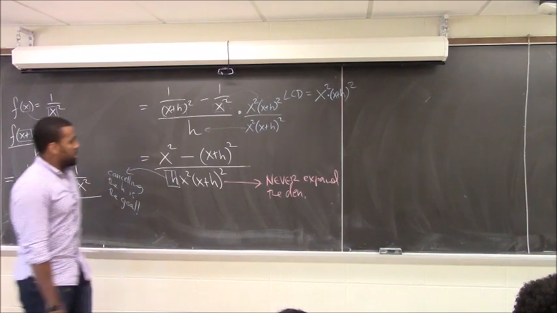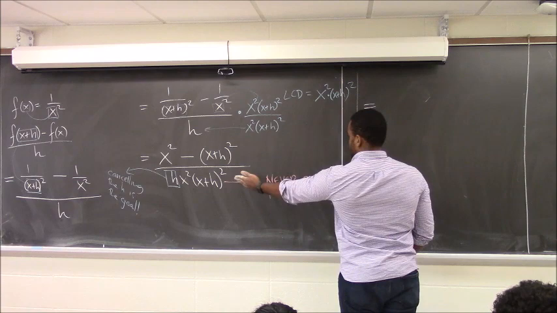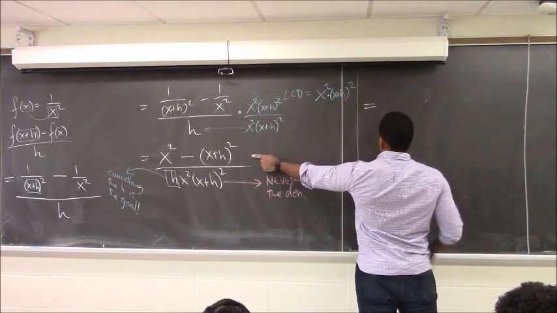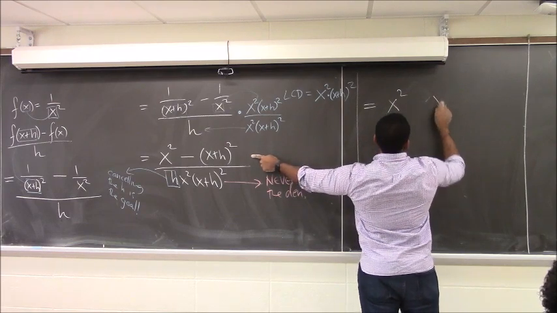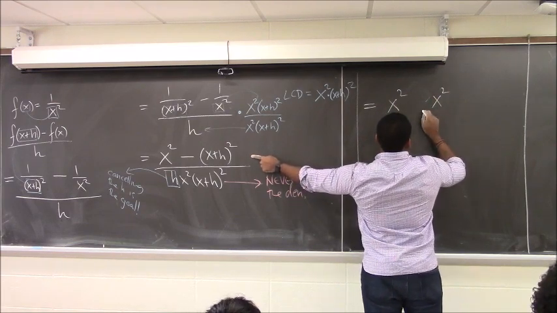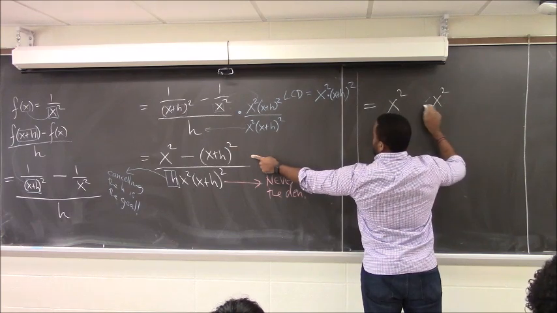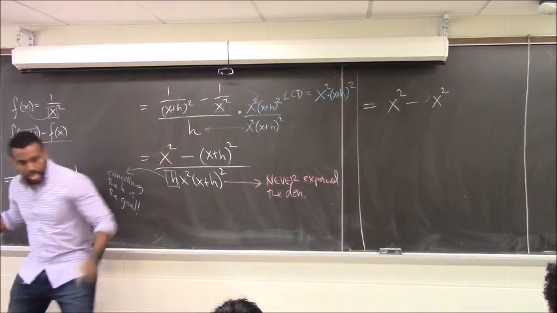So what would be the next step here? We can't expand the denominator, or we shouldn't. So what can we do with the numerator? Expand it, what would it look like? So it's minus, and you really need to remember the parentheses here.